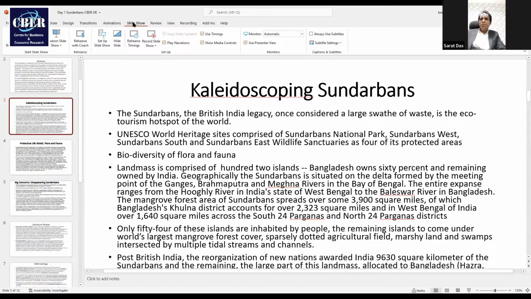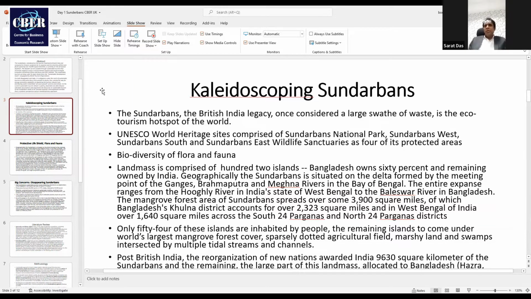Okay, now what is also an important part of this is that the people who are dependent on this huge landmass are quite a large number. Directly, there are some 2.5 million inhabitants in the Sundarbans.